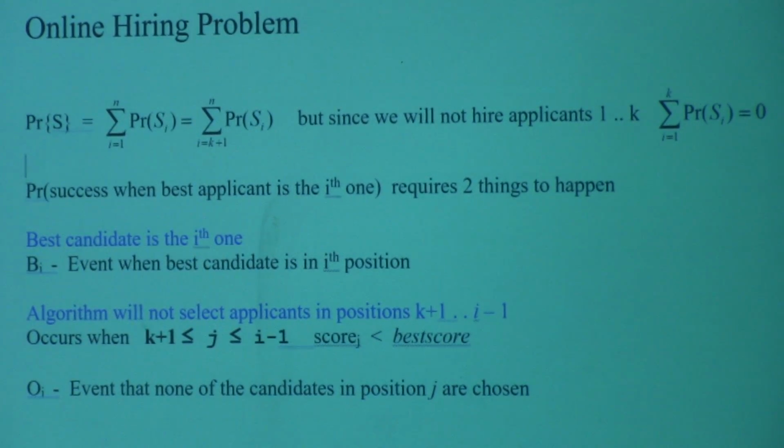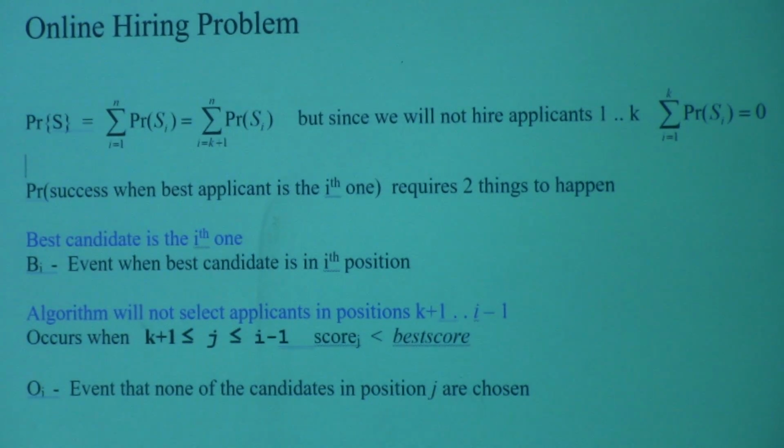Because person 1 is going to be in the control group. If k is 3, then 2 and 3 are also going to be in the control group. So that's why the sum of P of S sub i from 1 to n can be written from k plus 1 to n. Because we're never going to hire the others, their probability is actually 0.